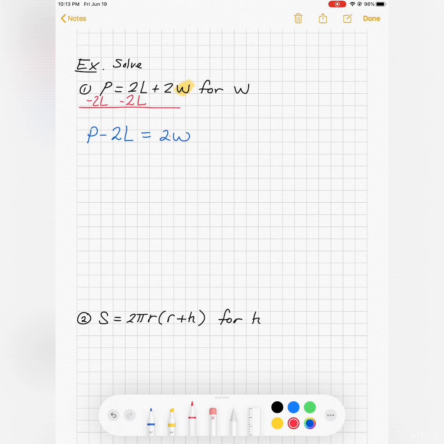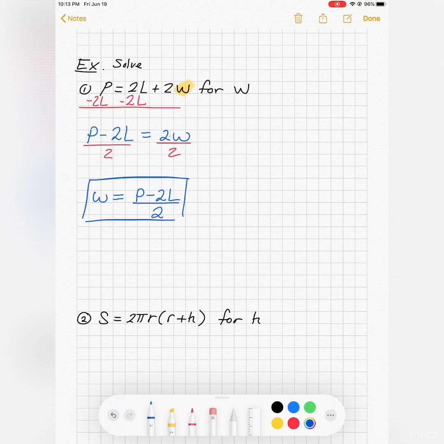Now I have a multiplication, right? So the opposite of multiplication is division. So W equals P minus 2L over 2.